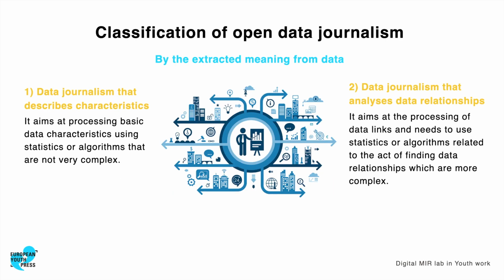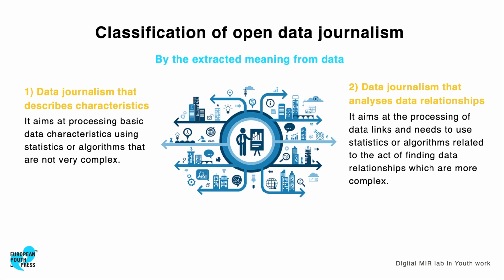Secondly, data journalism is classified by the extracted meaning from the data into data journalism that describes characteristics and data journalism that analyzes data relationships. This kind of classification focuses on the interpretation of data, which is an important step at the heart of data journalism.